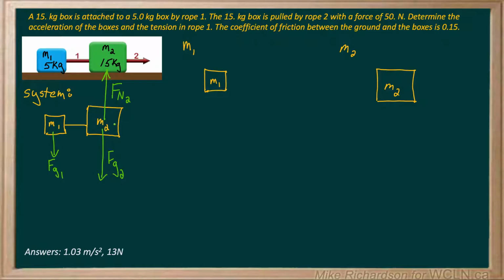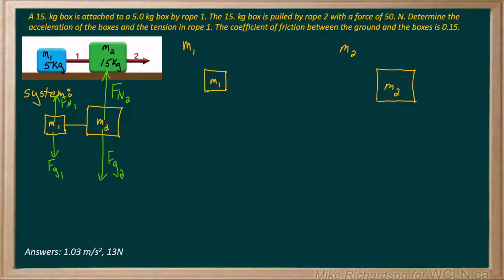F normal 2 acts on mass M2, and F normal 1 acts on mass M1. Notice that they're equal and opposite to the vectors Fg1 and Fg2. We know that because these masses are not moving vertically, so all those vertical forces must cancel one another.